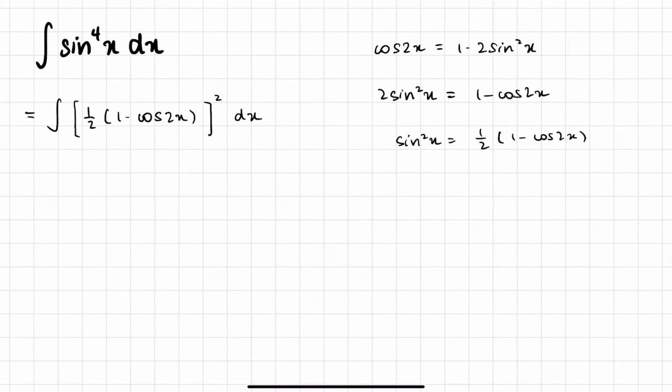Right, so now we're going to just need to do a little bit of algebra, a little bit of work. So a quarter at the front. And this, let's expand it out. 1 minus 2 cos 2x plus cos squared 2x.